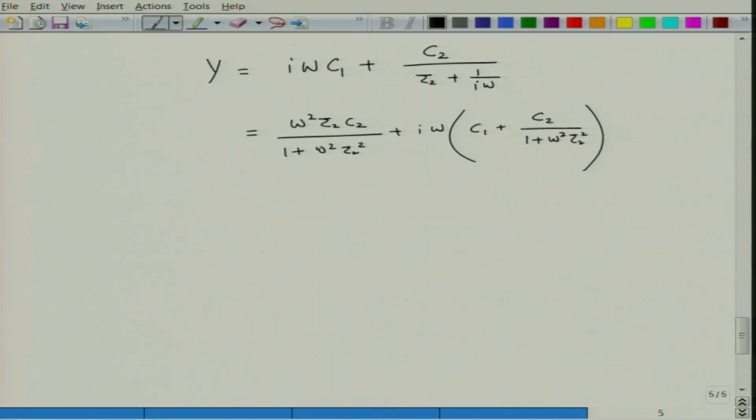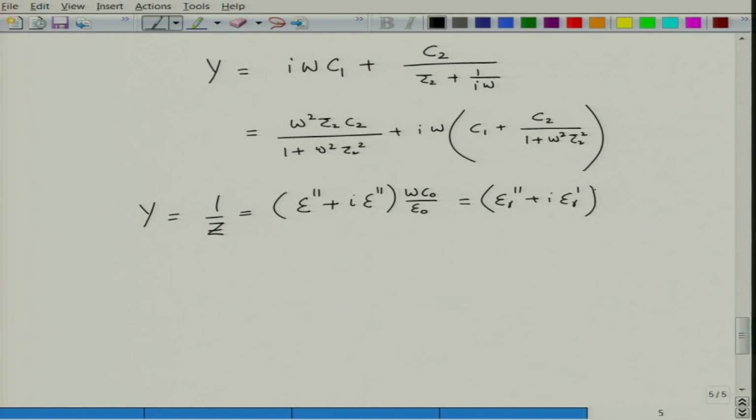Now you relate this to the dielectric constant. Admittance is equal to 1 over Z, and this is related to the dielectric constant as epsilon double prime plus i epsilon prime into omega C naught divided by epsilon naught. This is what we did last time, the frequency dependence of dielectrics, and this is basically epsilon r double prime plus i epsilon r prime into omega C naught.